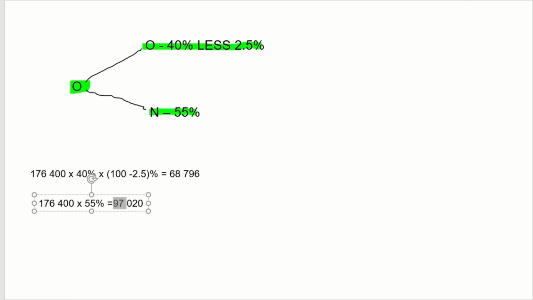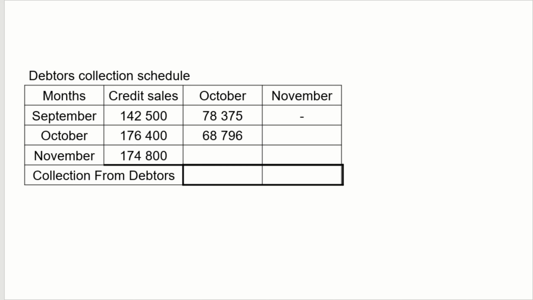I hope there's no confusion, guys. Okay, so we're gonna take this 97,020 and paste it on the collection month of November, just like that. It's easy as that, no hassle.